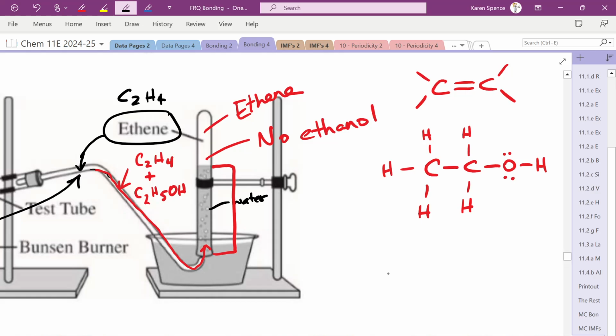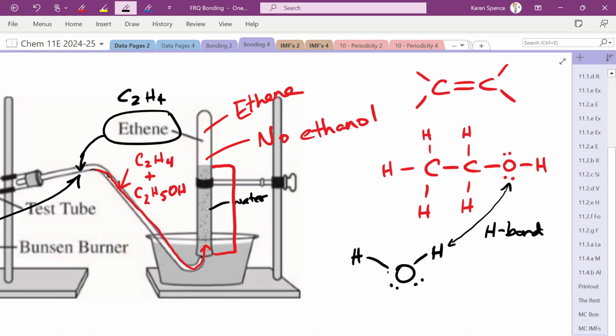Yes, it's passing through the water, and as it's passing through the water, this little lone pair says, oh, look, a lovely little hydrogen. Yes, and these guys will move closer to each other and they will H bond. So you'll get H bonding between the ethanol and the water, and the ethanol will then dissolve into the water.